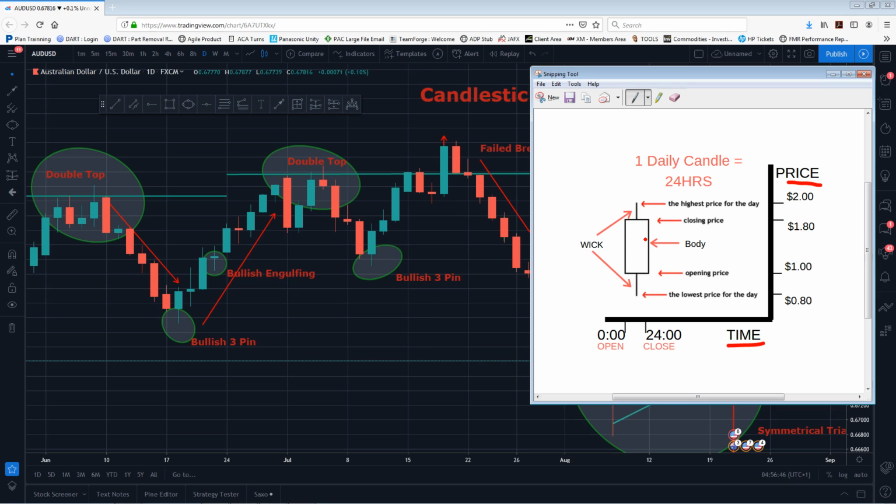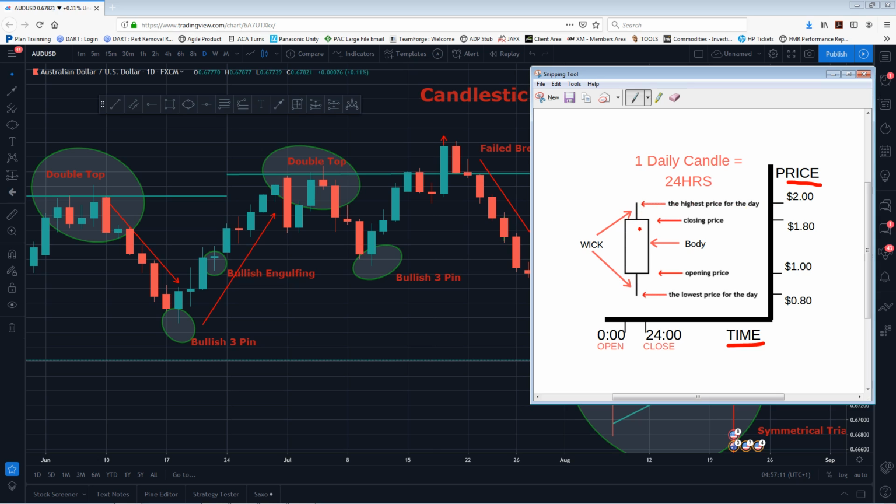So this is all the information that this candle tells us. Let's review again. This body is telling us that when this candle opened, the opening price was $1. During the day, the lowest price it dropped to was 80 cents. Then it rose up, and the highest price it went to was $2.